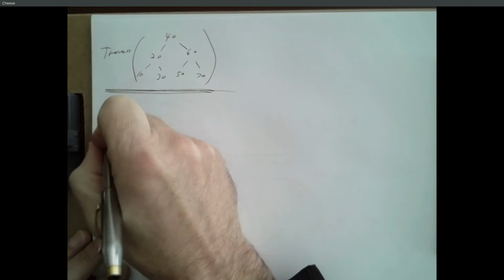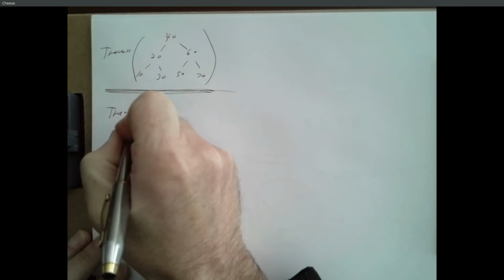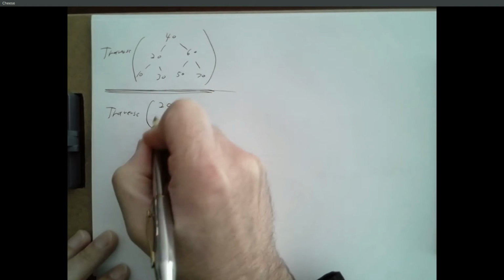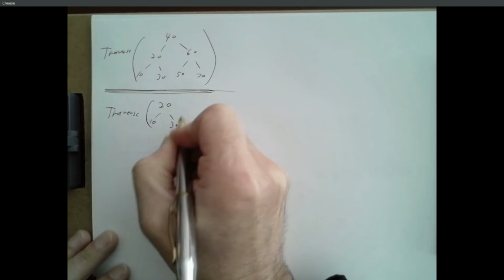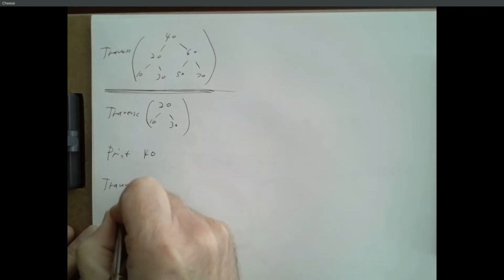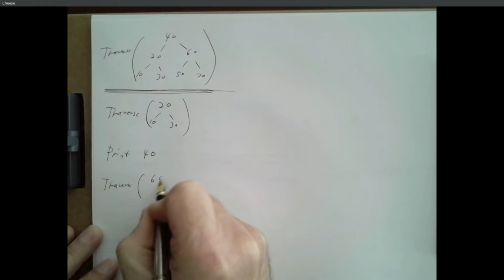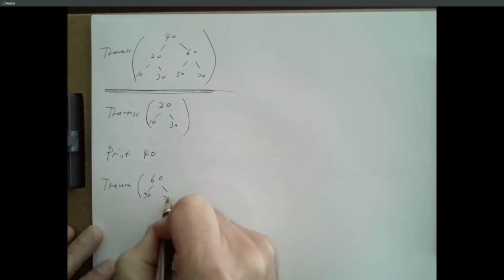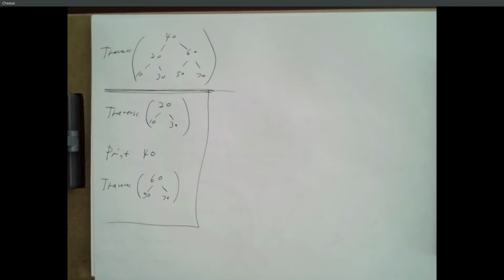The first step will be to traverse this subtree. The second step will be to print the root node. And the third step will be to traverse this subtree. Okay, that's all that the traverse function is going to do. 3 things. It just so happens the first and third things are calls to another function.